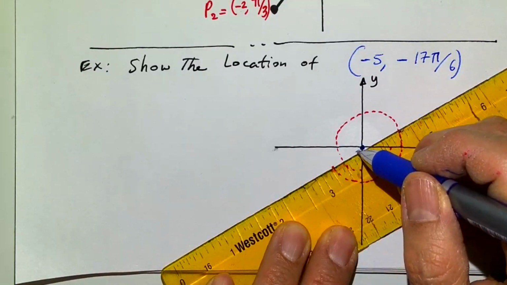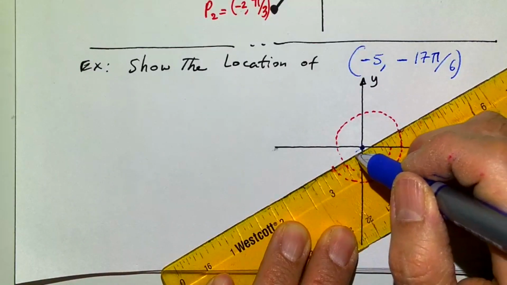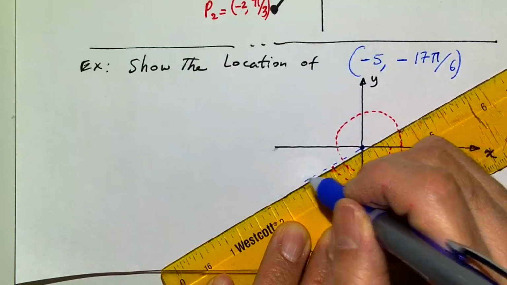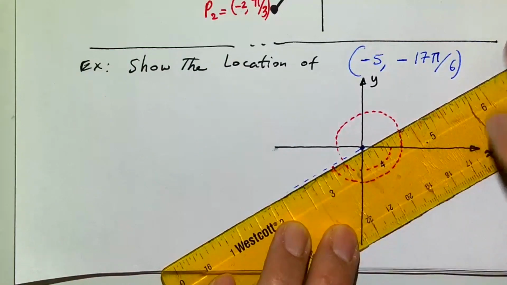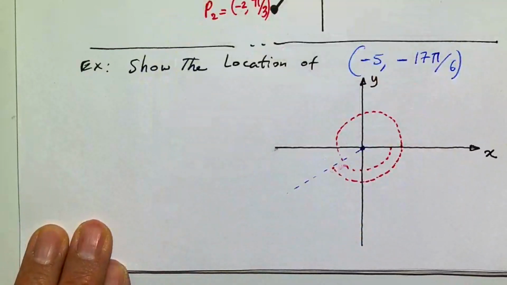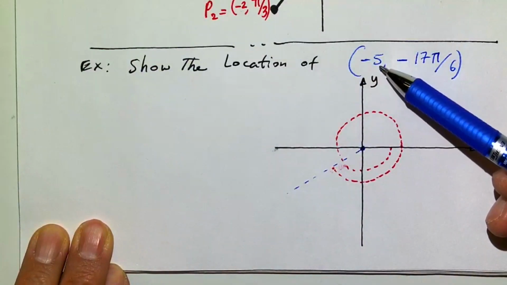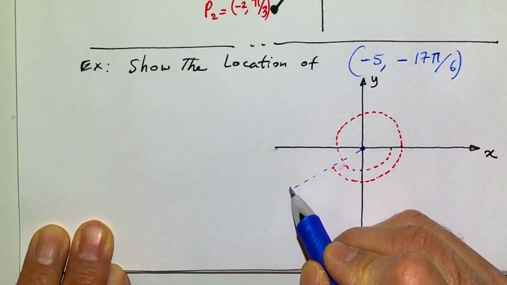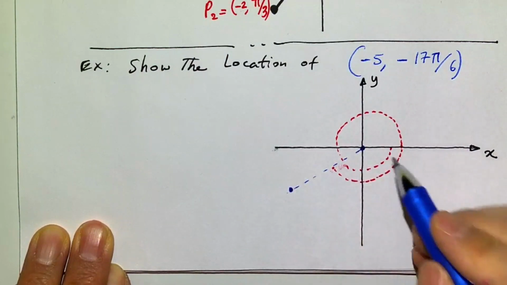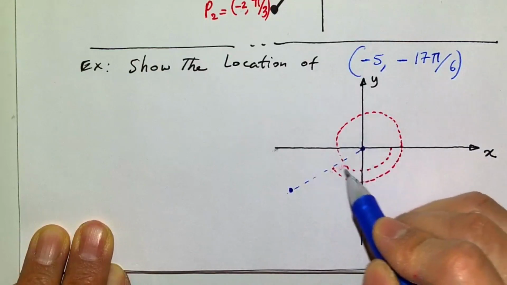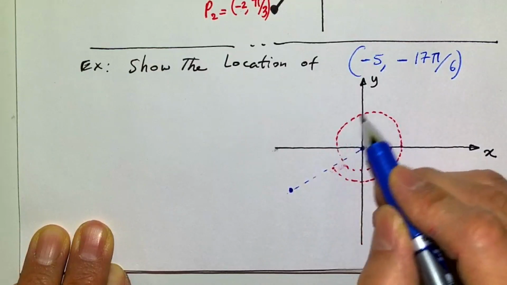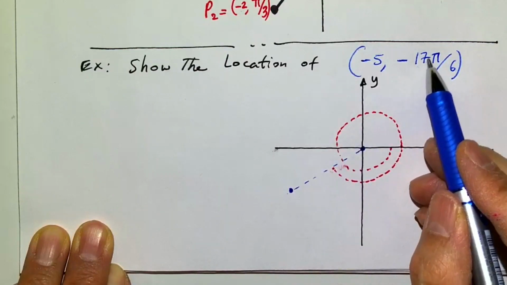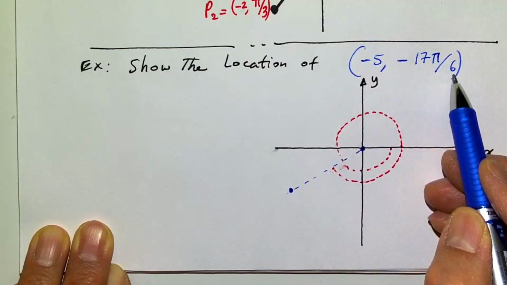And I don't have my pencil with me, so I'd rather use a pencil at this point. So if this 5, which is r, was positive, this is where we would end up, that point. Because that trace, the dashed red line, would be then minus 17 pi over 6.